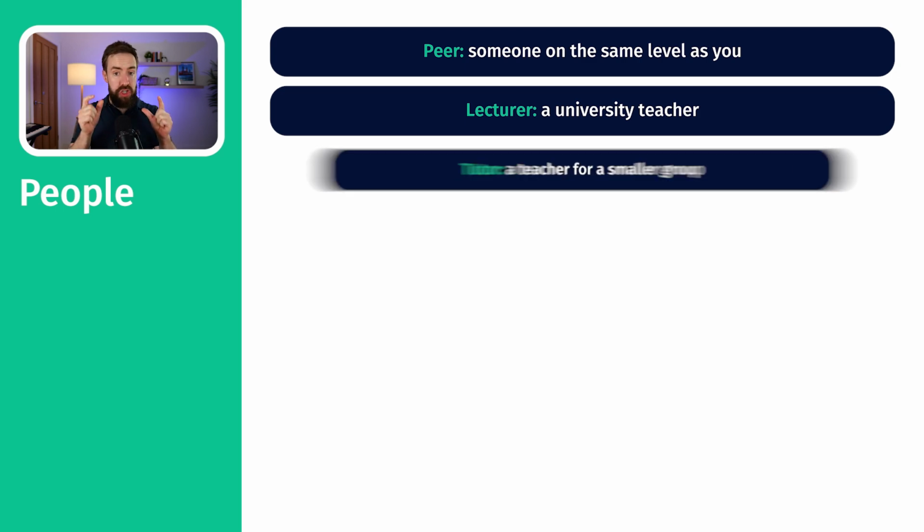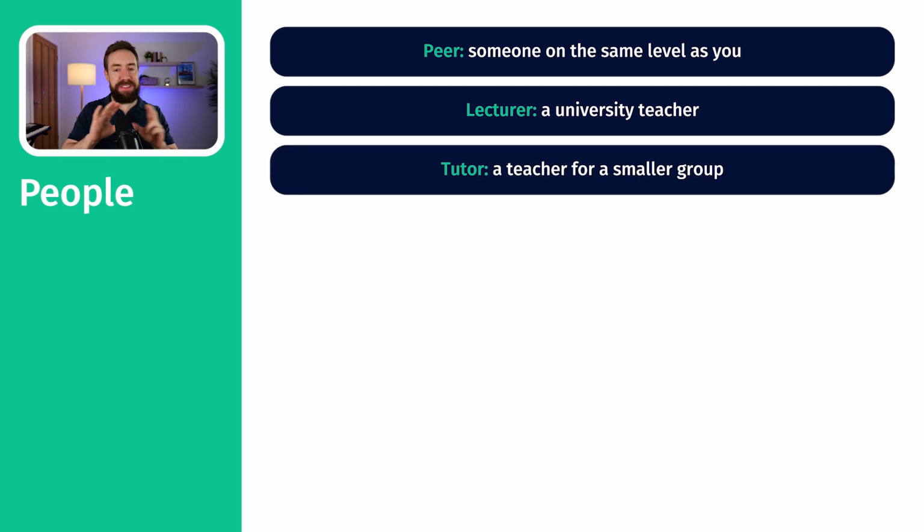Then we have tutor. Tutor. So that's, if you want to sound very British, as I'm sure you do, then you say tutor, like that. Tutor. And it's like a ch sound. Tutor. So a tutor is someone who will teach a small group or even teach one-to-one. But often in university, it's a small group, sometimes called a seminar.